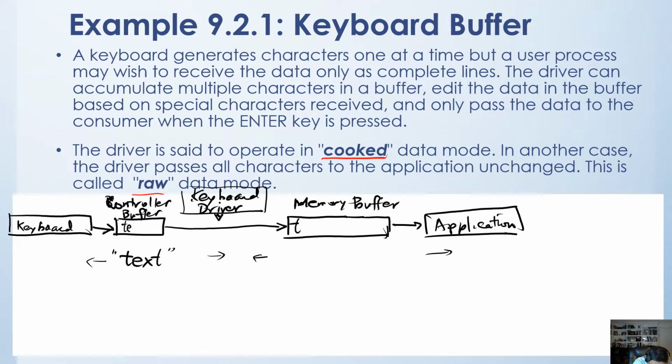E, and then it's supposed to be X, but the user typed the wrong character, so TEST is sent to the memory buffer. And then the user wants to correct it, because the S should be X, not S. So the user types special characters.